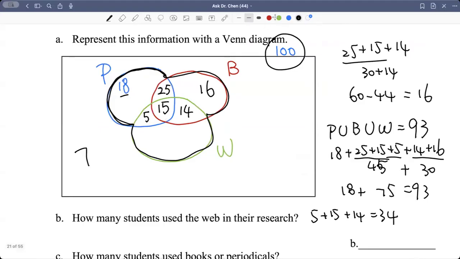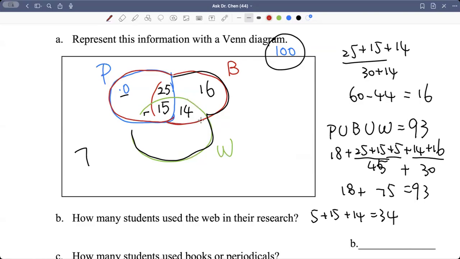So P union B. I mean to just erase the black color. Okay. So P union B. Let's use this red color. That's this part.